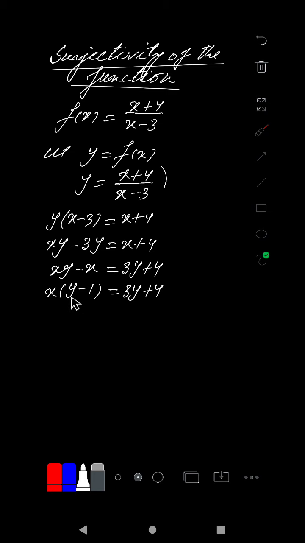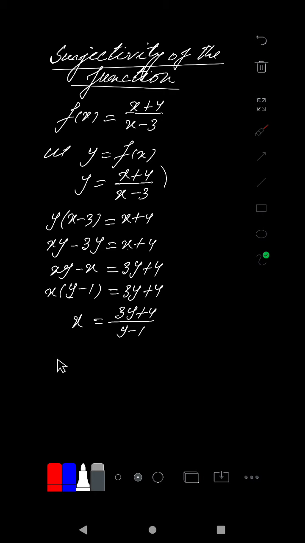Now transposing y minus 1 to the right hand side, we have x is equal to 3y plus 4 upon y minus 1. So we have transformed our equation from y is a function of x into x is a function of y.